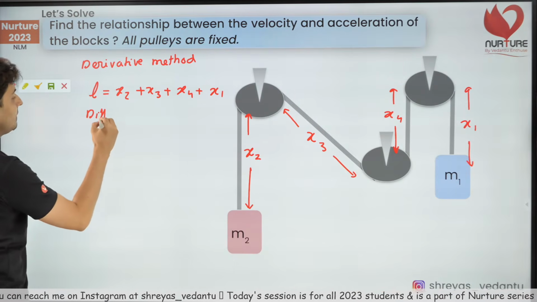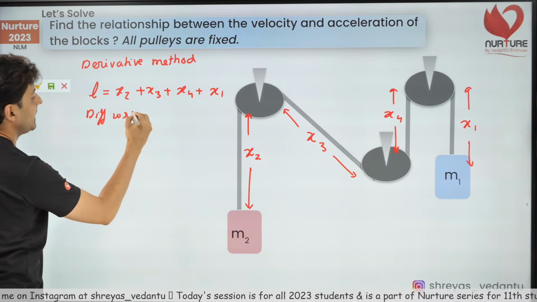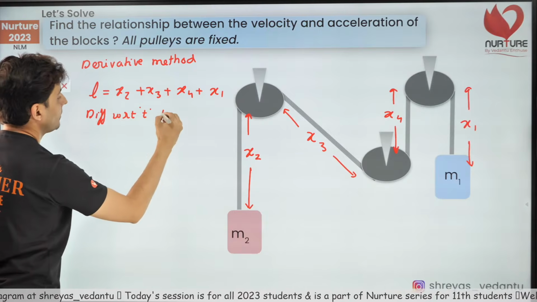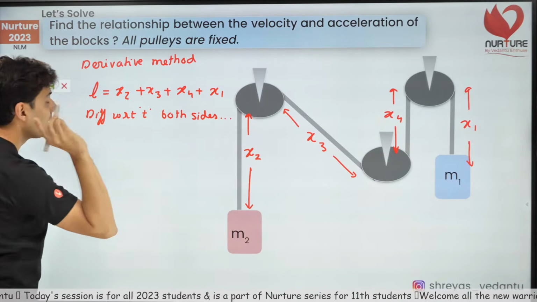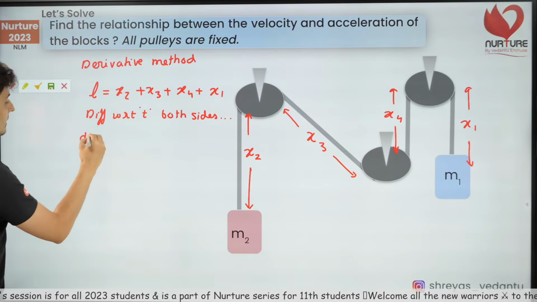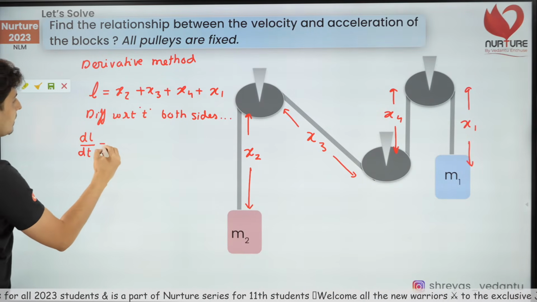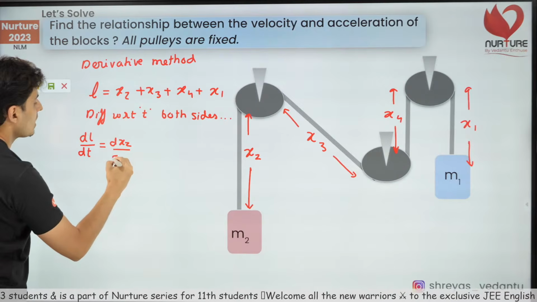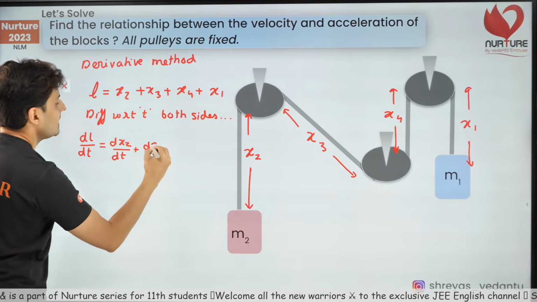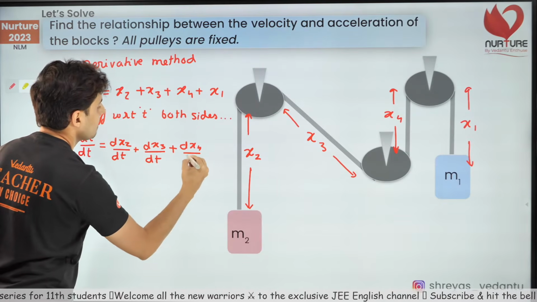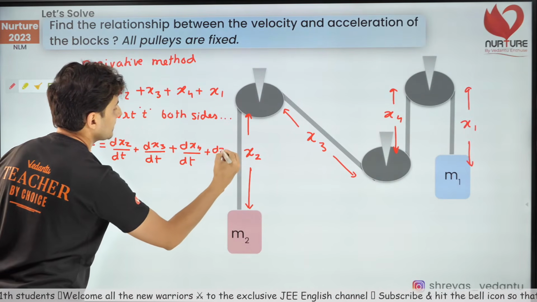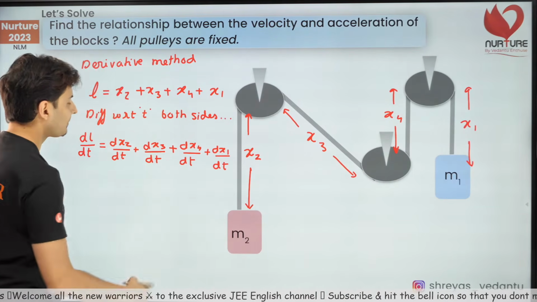Differentiate with respect to time on both sides. We can take the derivative on both sides. Now, observe what will happen. dl by dt will be dx2 by dt plus dx3 by dt plus dx4 by dt plus dx1 by dt.